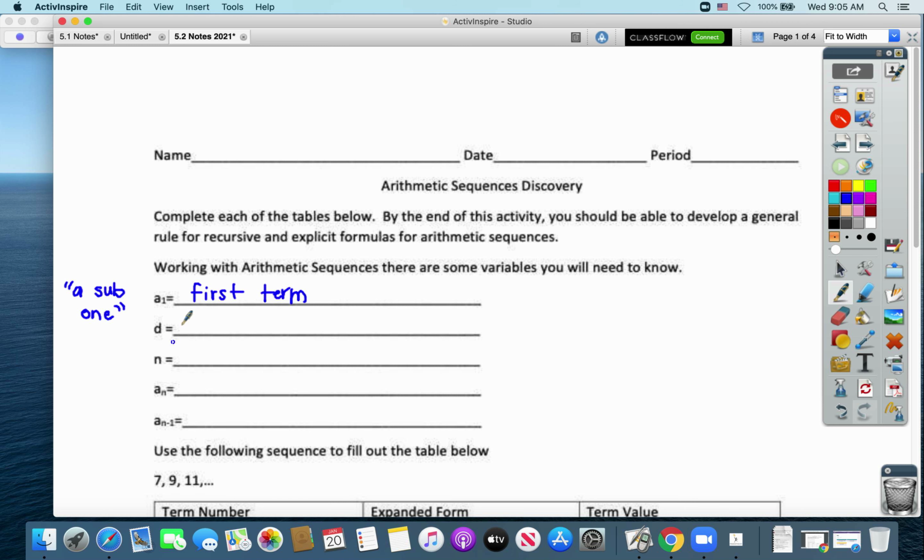Then we have this variable d, we talked about a little bit last class, that represents the common difference. And that common difference is the number that's added each time to get the next term in our sequence.